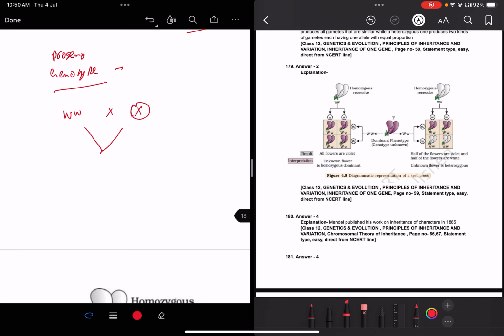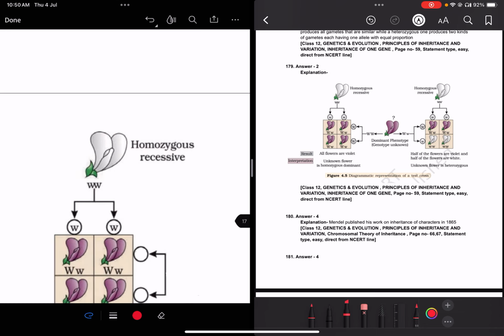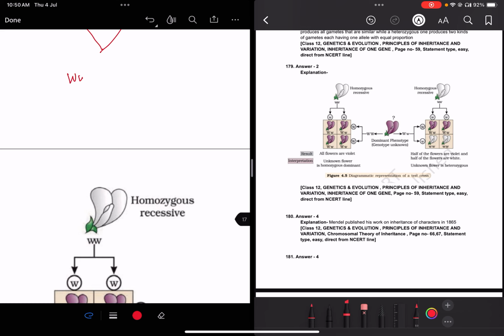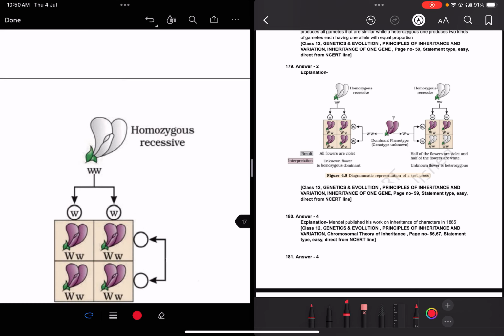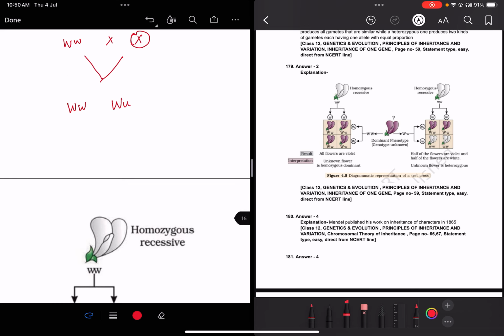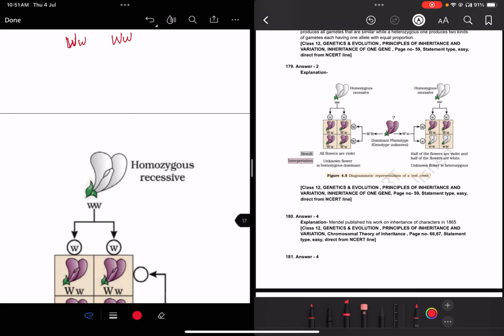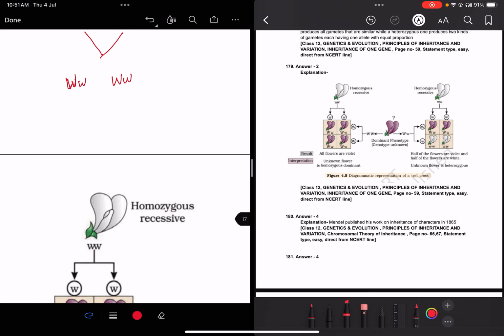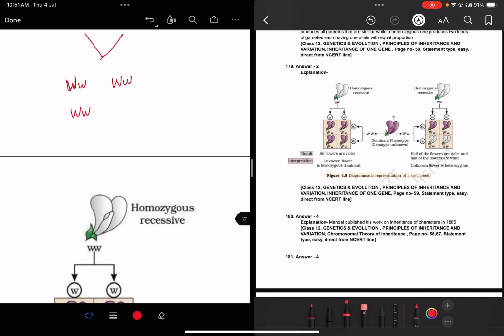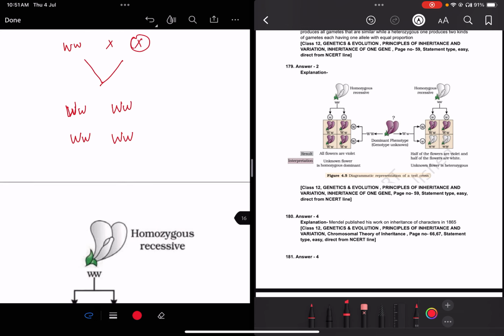After the cross, the progeny genotypes are given as Ww and ww. So this is the simple way.